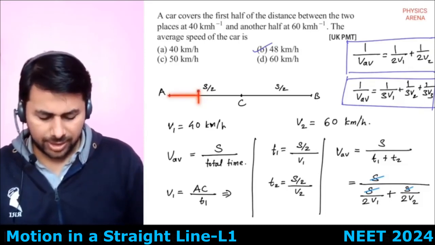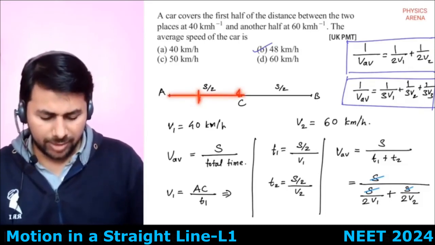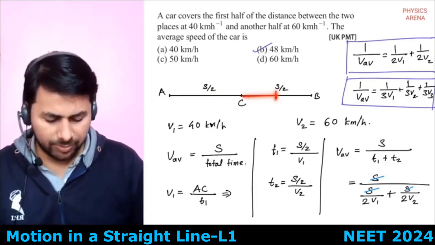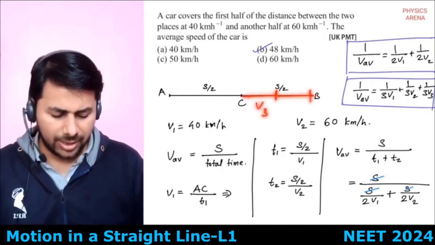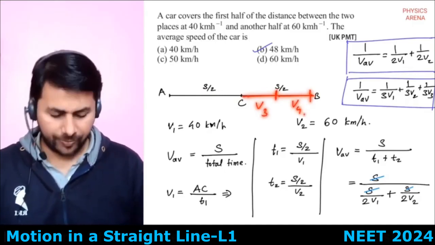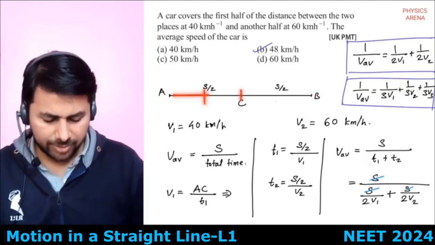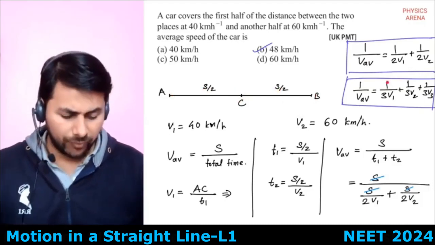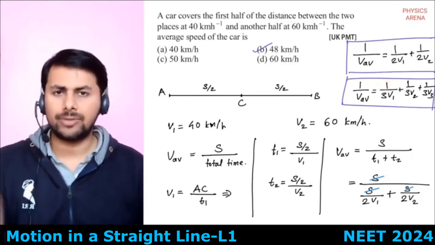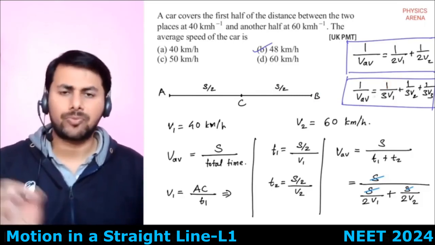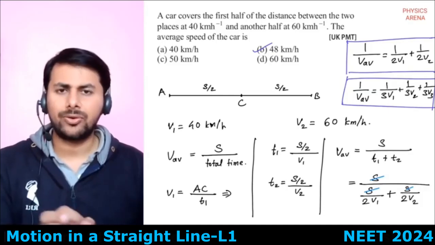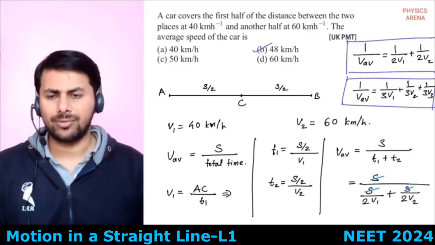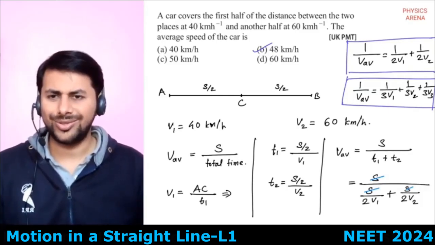So this much distance with speed v1, this much with v2, this much with v3, and this much with v4. So 1 upon v average will be equal to 1 upon 4v1 plus 1 upon 4v2 plus 1 upon 4v3 plus 1 upon 4v4. Got it?